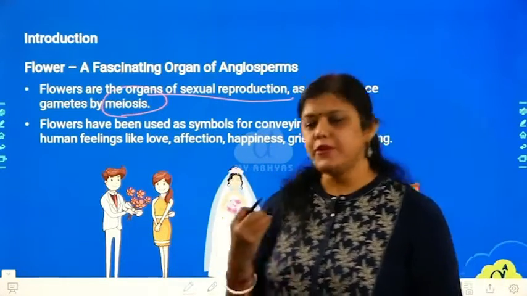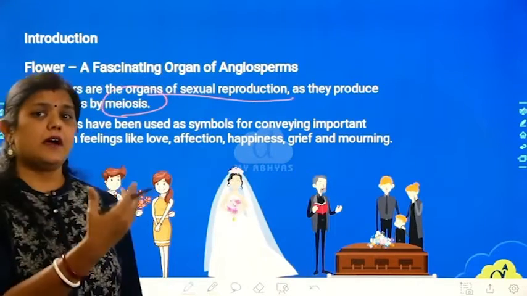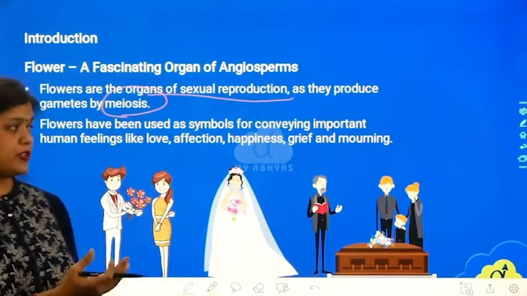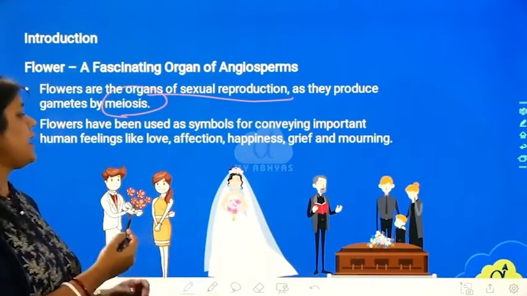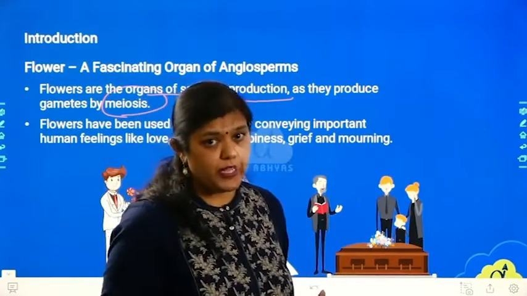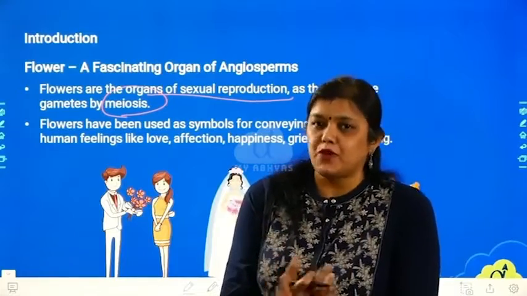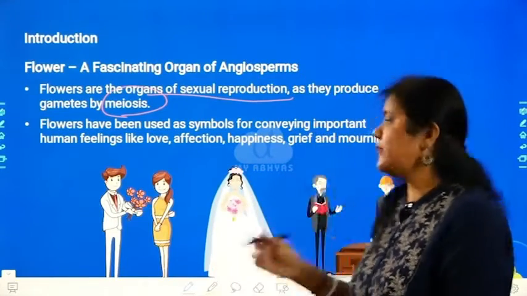And flowers have been used, as I told you, in different ways by humans for showing different types of emotions. Those emotions are like love, affection, happiness, grief and mourning. Also for devotional purposes.